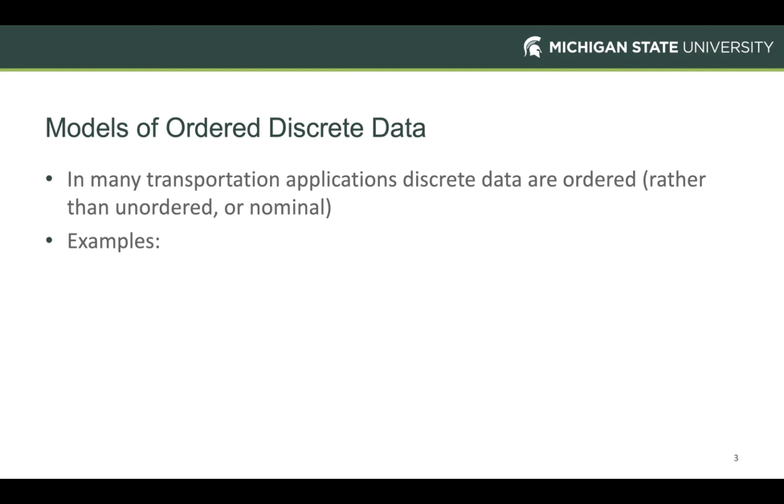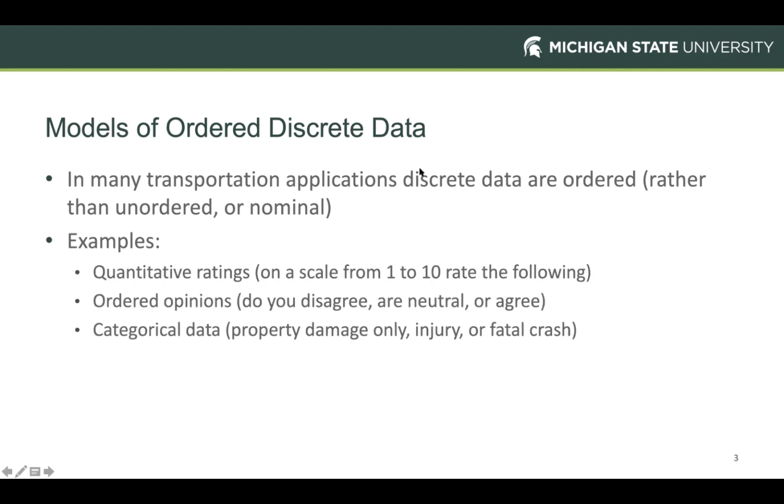In contrast, when we look at the transportation literature, there are various different settings where this comes into play, with one of the most common being survey data as an example.